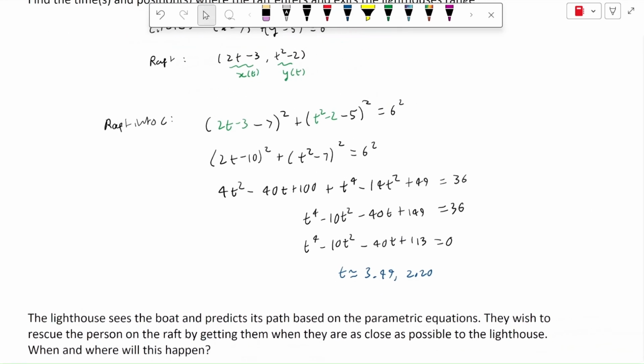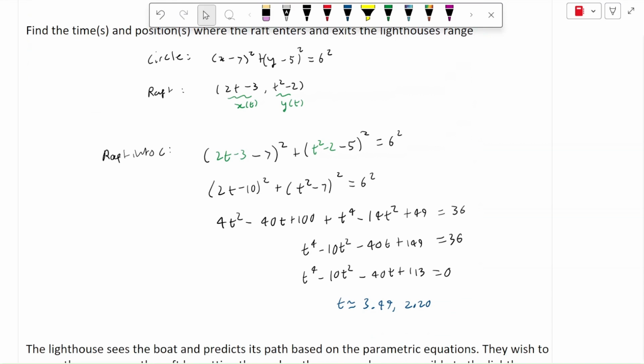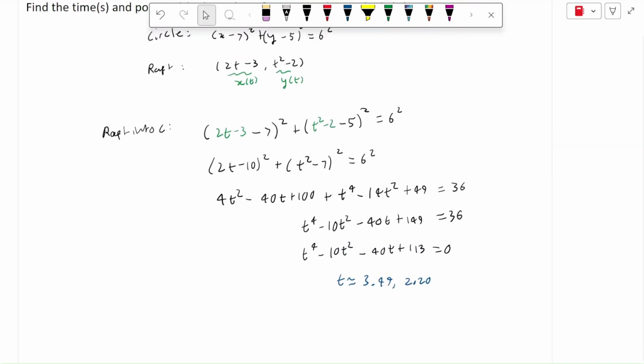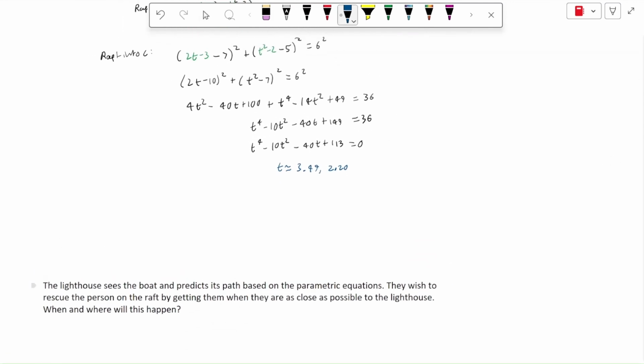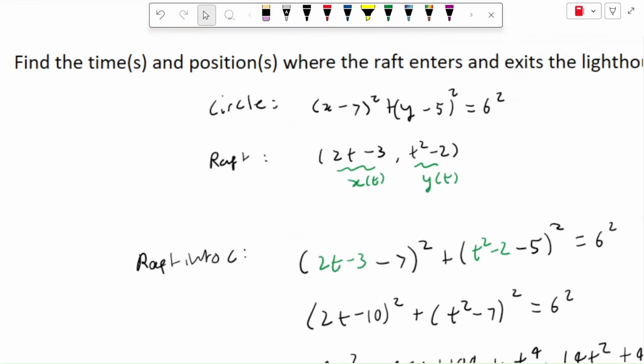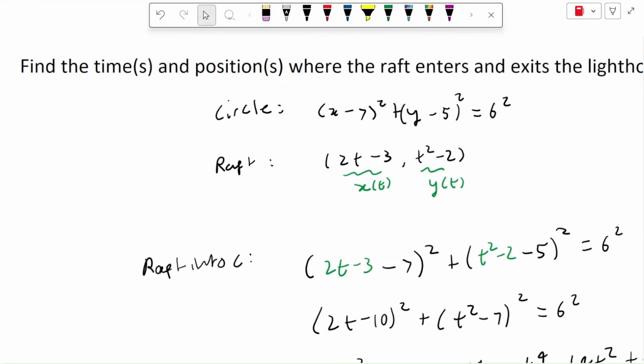Groovy. All right, so we've got our times, and we'd like to know the positions. To get the positions, we can just sub the times back into the raft equation. Actually, I'm going to give you some quicker notation for this. So x of t and y of t is a function. We tend to call this grouped together vector the vector x.